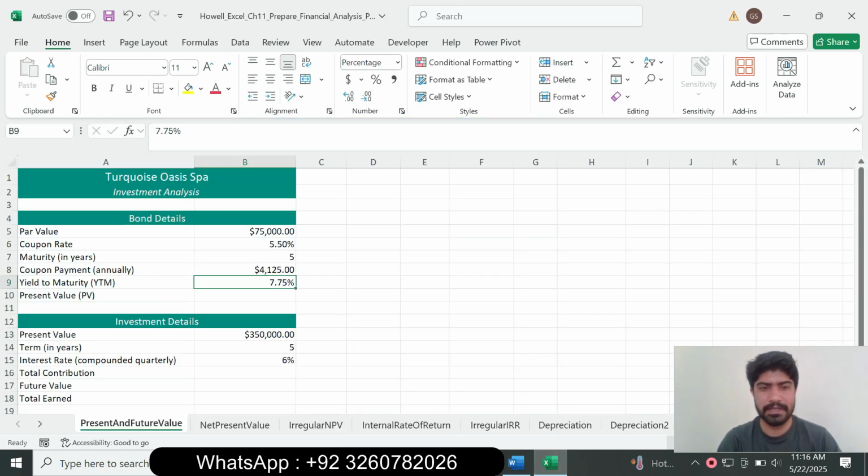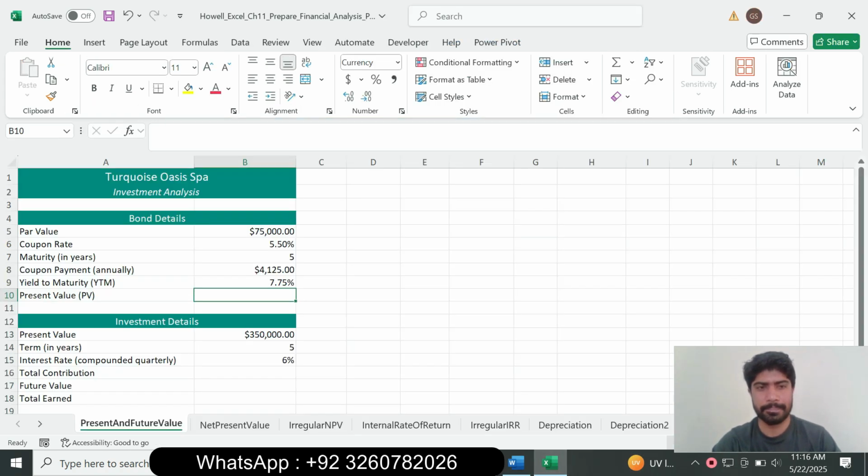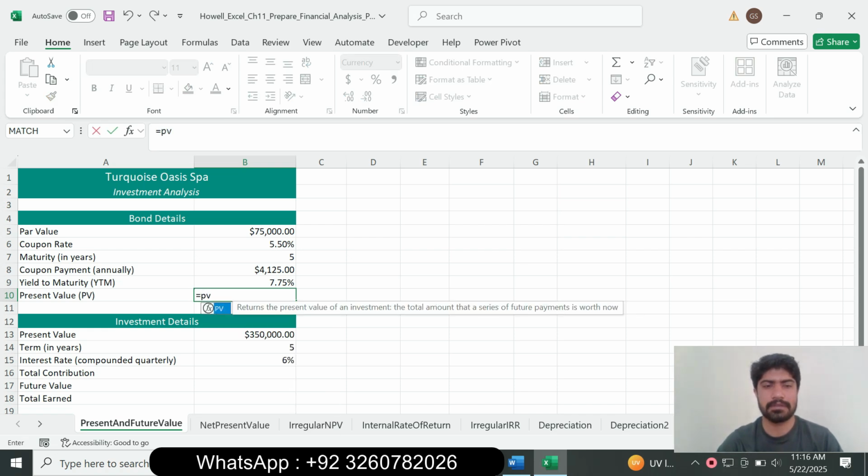In cell B10, insert the PV function. So type equal to and type the PV function.